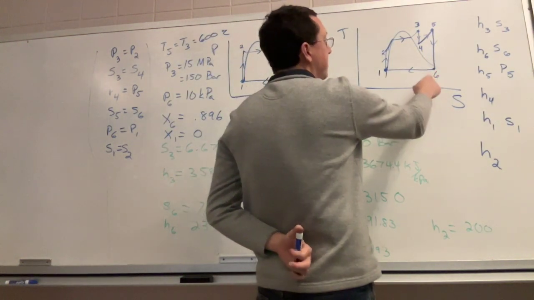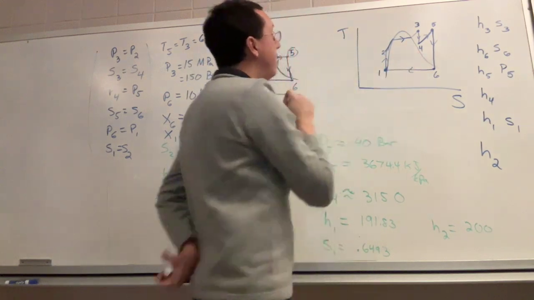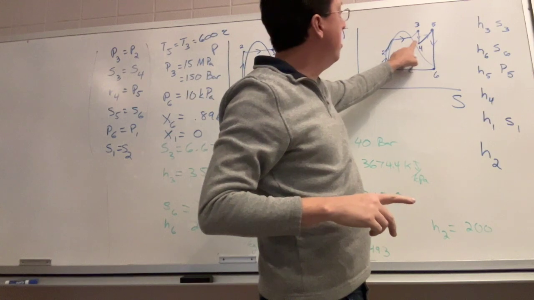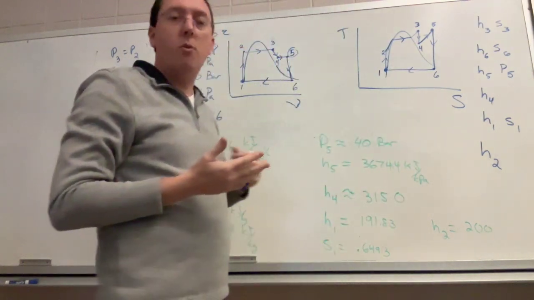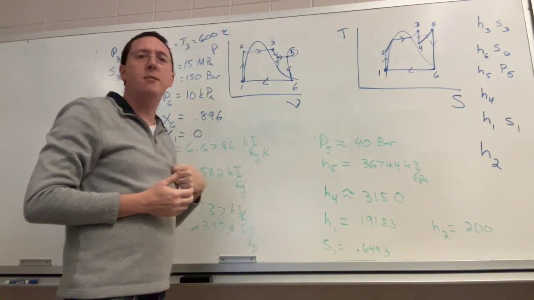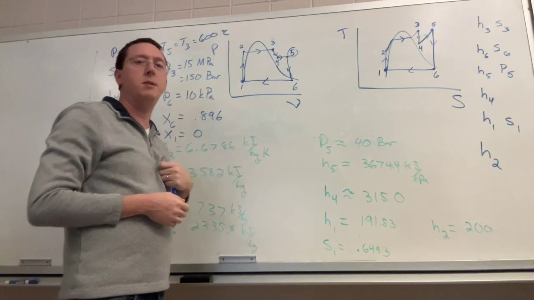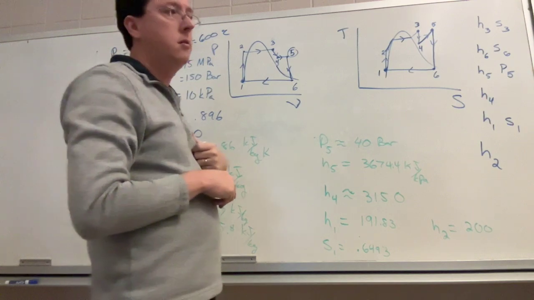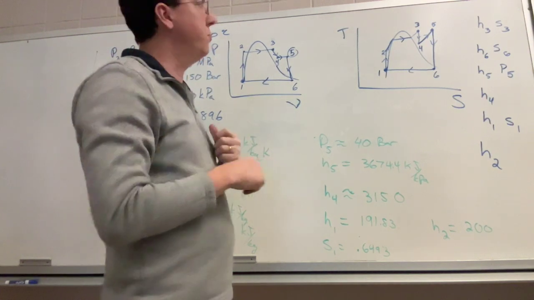Now let's talk about state 6. So I should say this. That would give us the entropy at state 4, but I don't know anything else yet about state 4. I think one of the questions was to find the pressure at state 4. That would be the pressure the second time through the boiler.